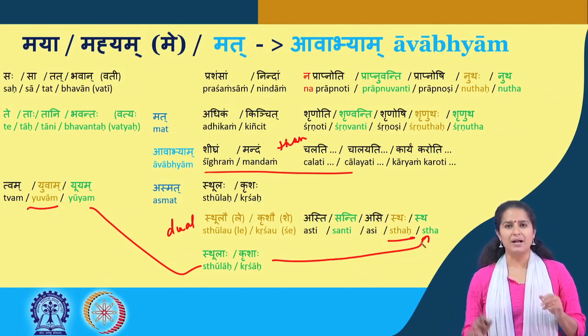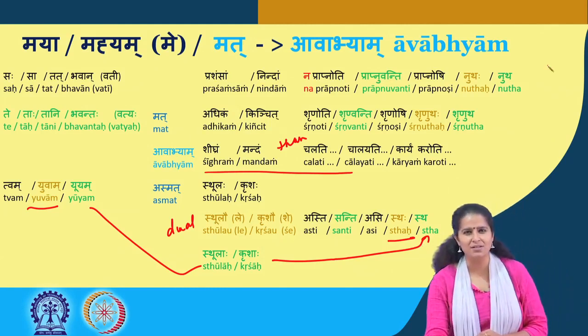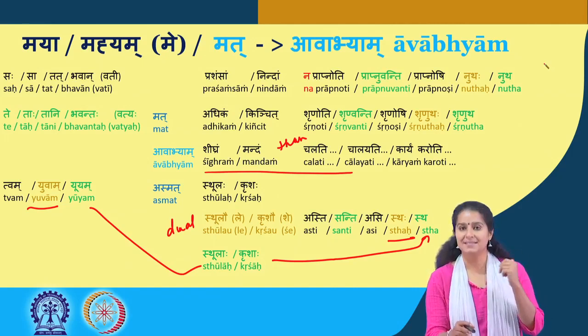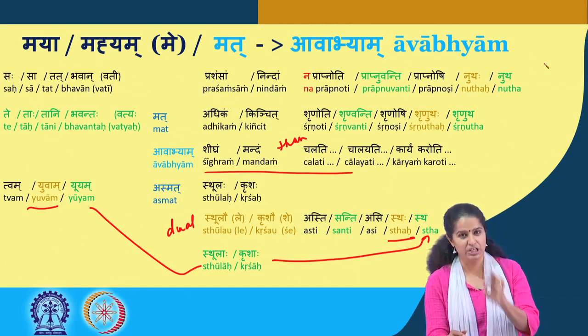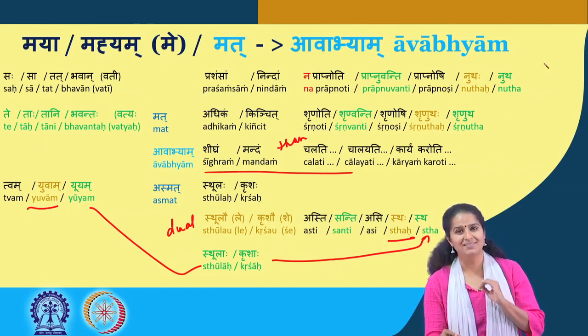Okay, so practice this, and just before we close, I'd just like to take you once through the verbs here. So, prapnoti, repeat, saha prapnoti, te prapnuvanti, tvam prapnoshi, yuvam prapnutah, yuyam prapnutha.